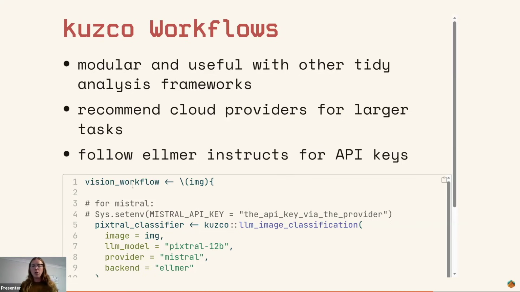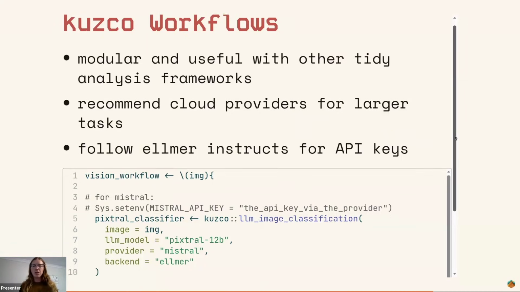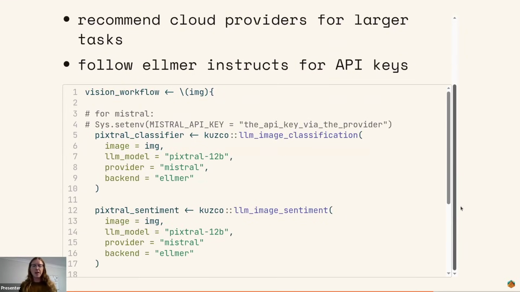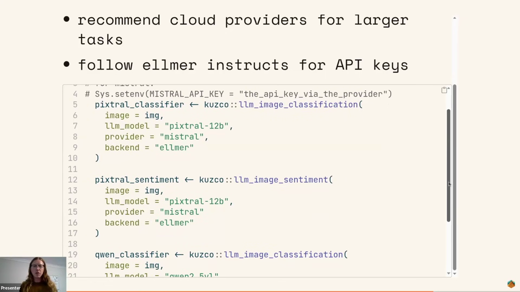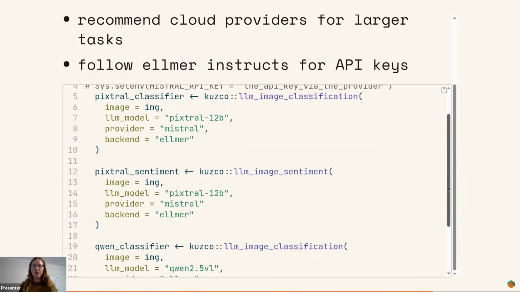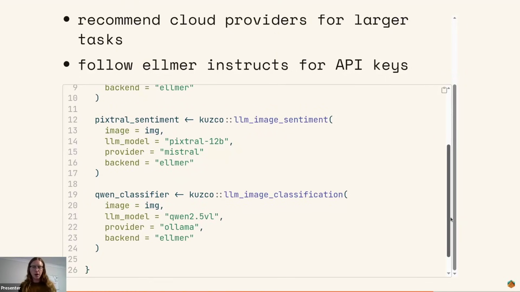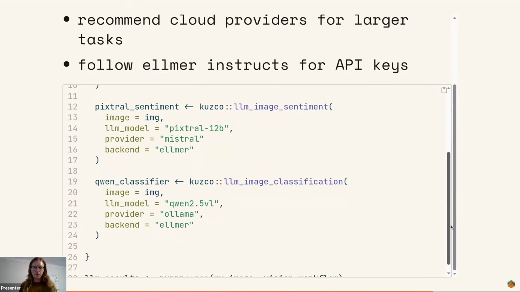You could do image classification with 3 different models. Here's a very simple vision workflow where I'm using Pixtral from Mistral to do image classification and image sentiment, but then I also have a Qwen classifier as well.